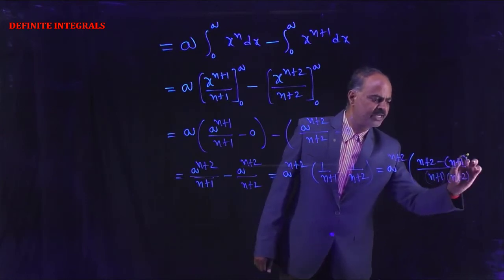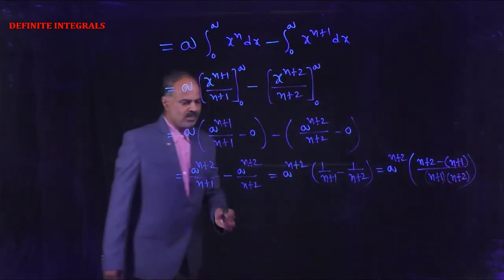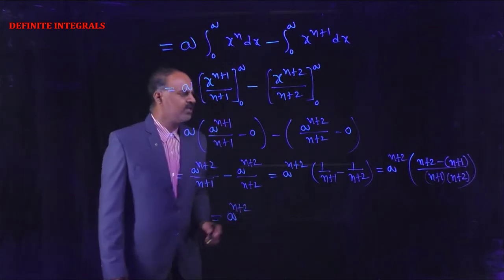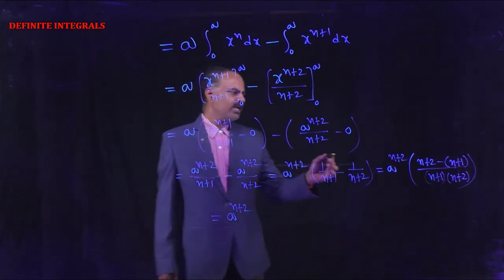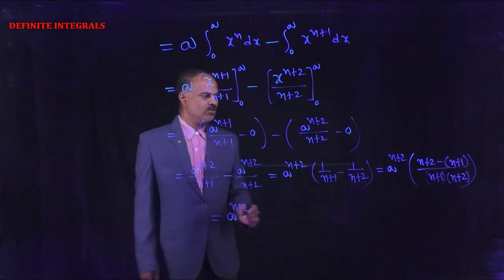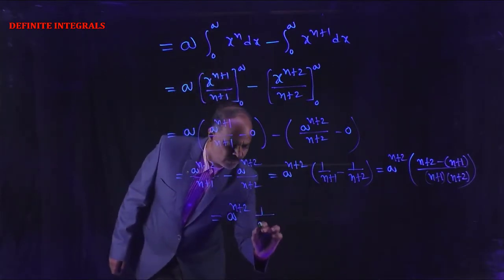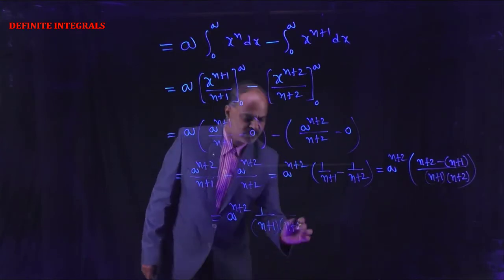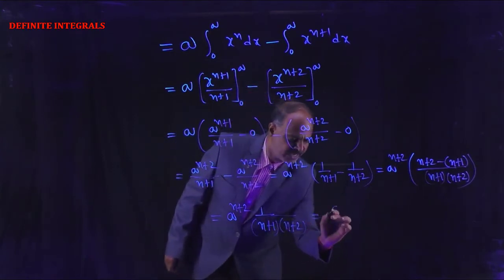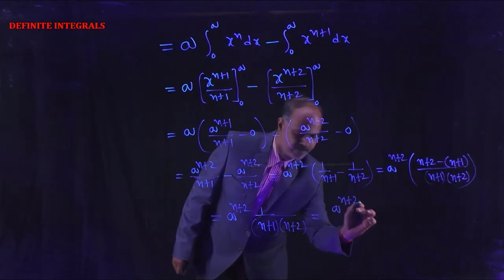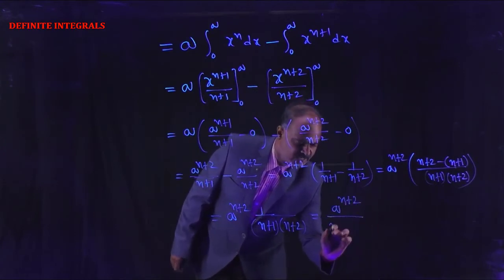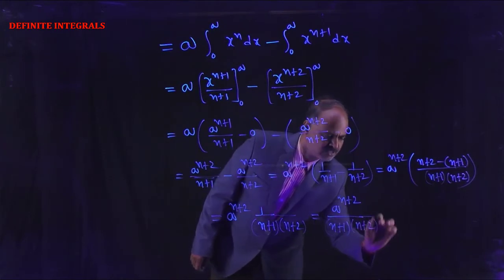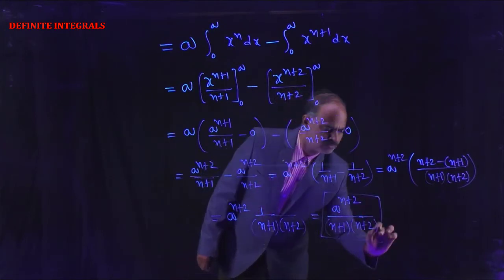Here n and minus n get cancelled, 2 minus 1 is equal to 1, by n plus 1 into n plus 2. So this is equal to a to the power n plus 2 divided by (n plus 1) into (n plus 2).